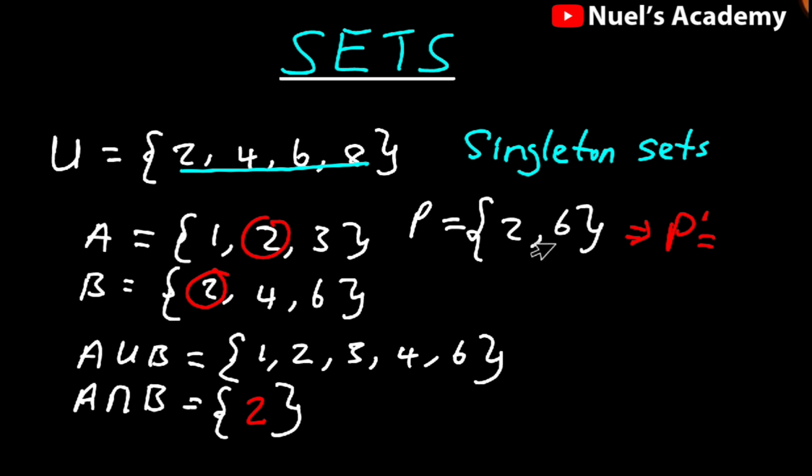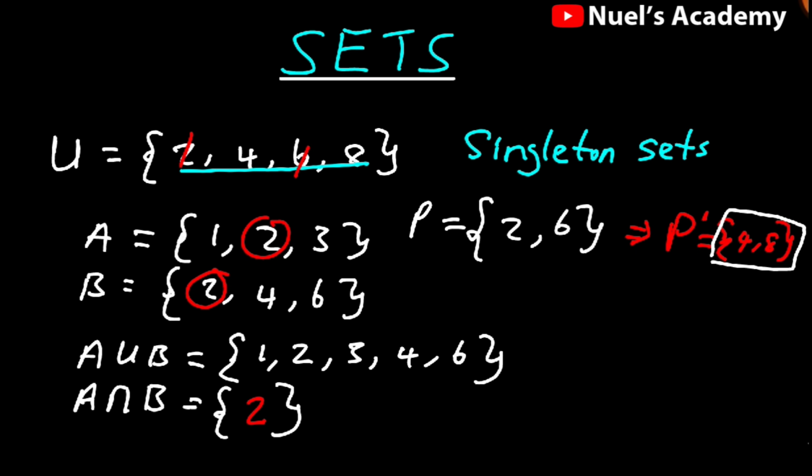You have 2 here and 6 here, so we eliminate 2 and we eliminate 6. What are the remaining elements? They are 4 and 8. This 4 and 8 is the complement of P. So this is how to determine the complement of sets.